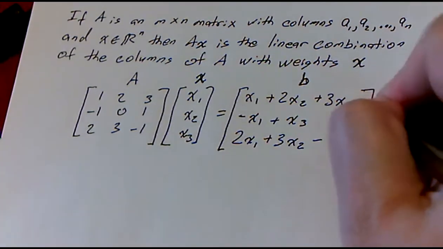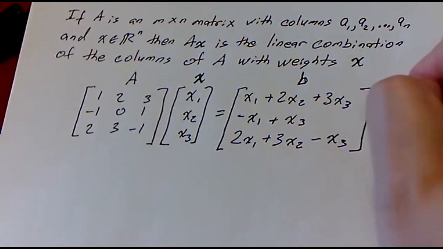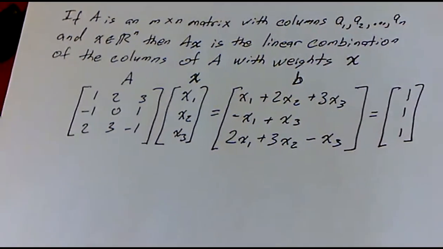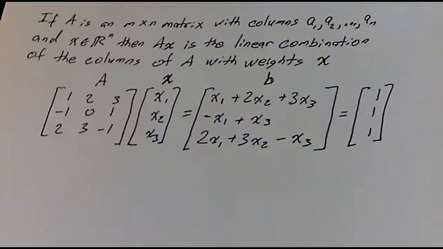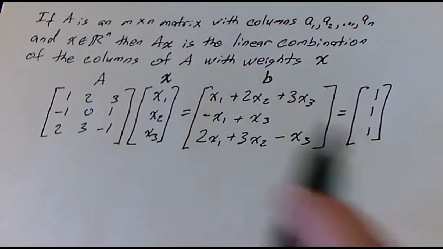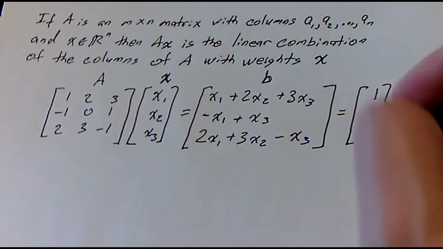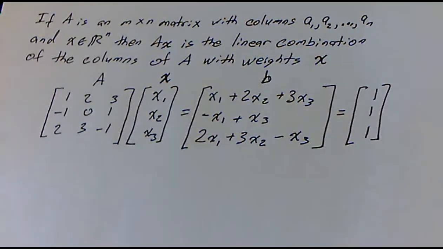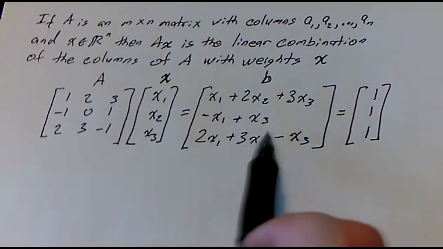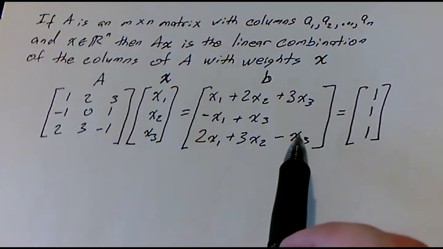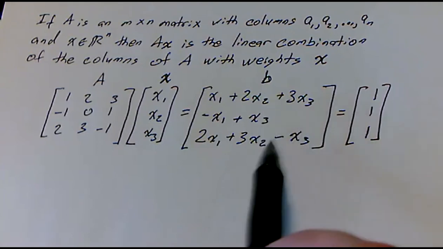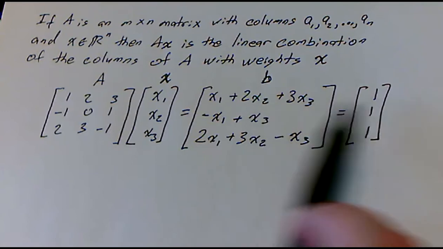So pick your favorite vector over here to be B. Let's say 1, 1, 1. This 1, 1, 1 vector is just an arbitrary vector that I chose. If you look at this right-hand part, this is a system of equations, right? It's 2 column vectors. They're only equal if the components are equal.